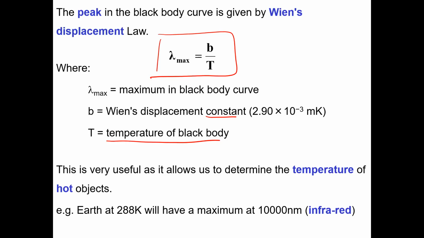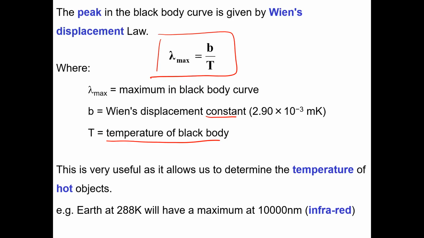Now, this is really helpful because it means that you can just measure where the peak of that curve is, and it directly tells you what the temperature of an object is. So that's how we know how hot things like stars and planets and other objects in our universe are.